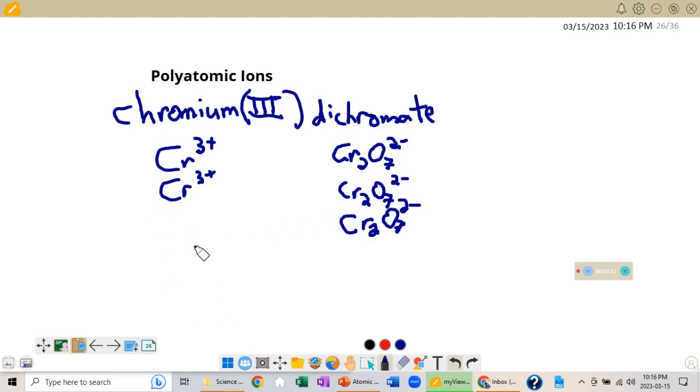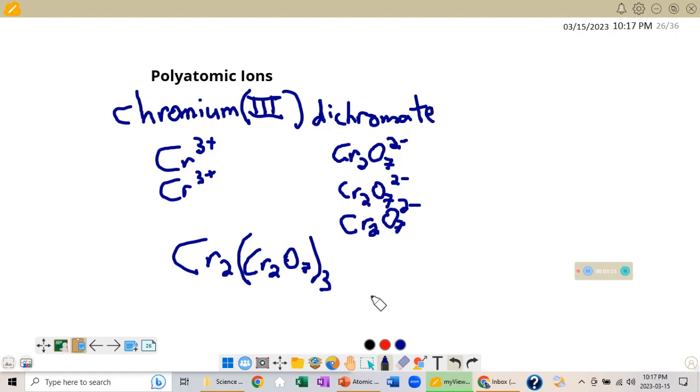Either one works, but now I'm going to have Cr2. This is going to look really stupid. Bracket, Cr2O7, closing bracket, 3 times. All right, so Cr2O7, 3.